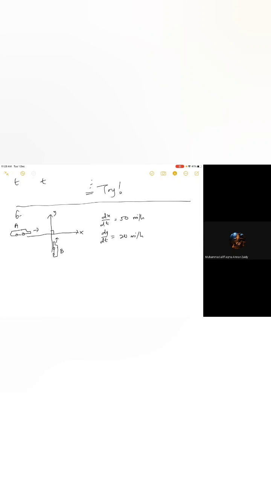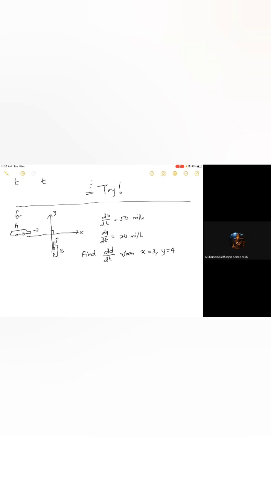At what rate is the distance between the lorries changing? So distance, katalah distance is D. So find dD/dt when A tadi adalah x equals to 3, B tadi adalah y equals to 4 from the intersection.